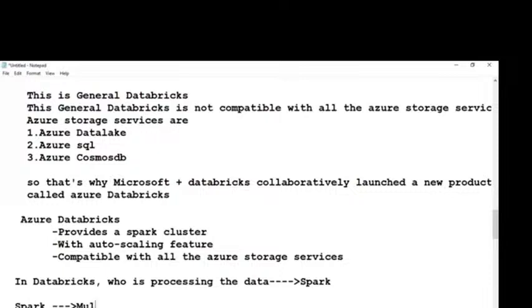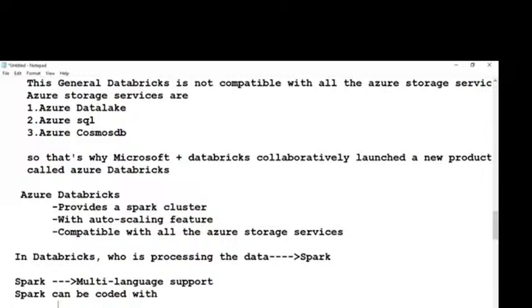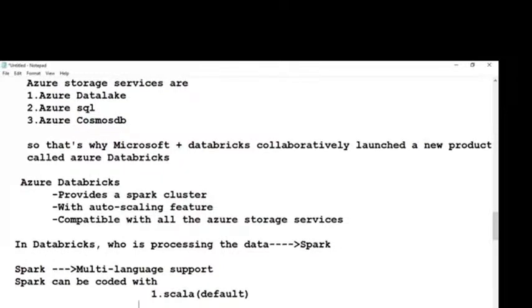It has multi-language support. That is, Spark can be coded with Scala. It's the default. By default, Spark is built using the Scala language.